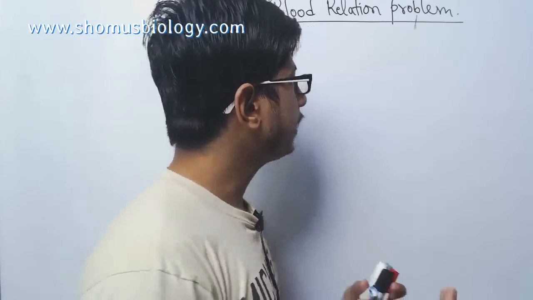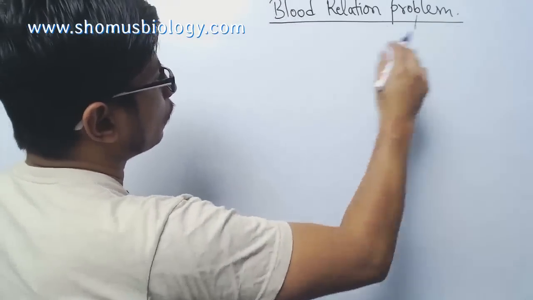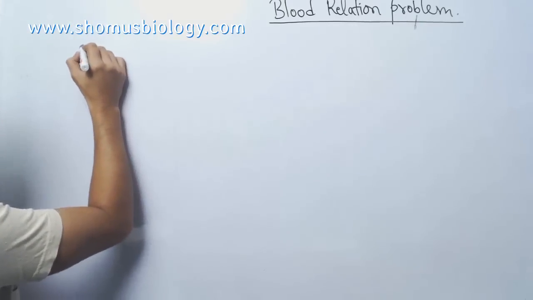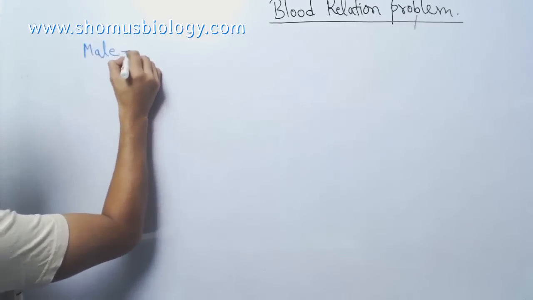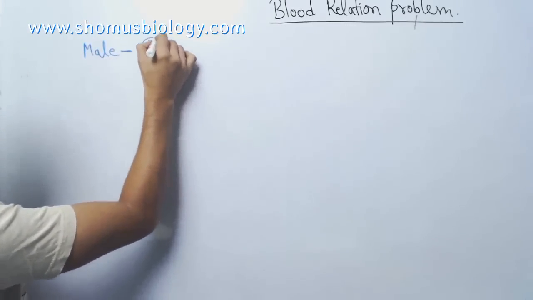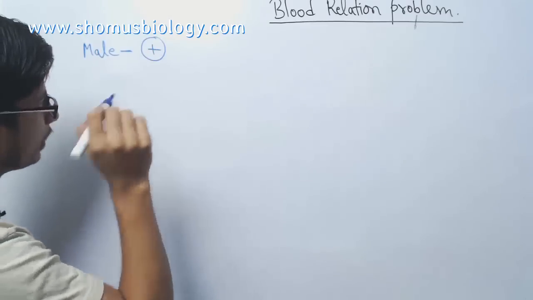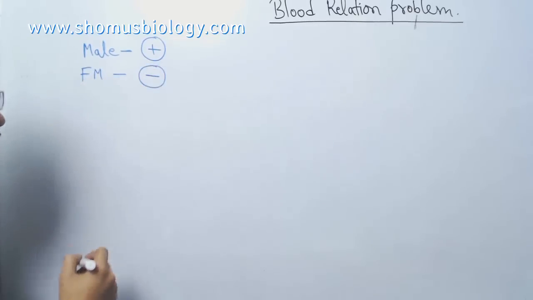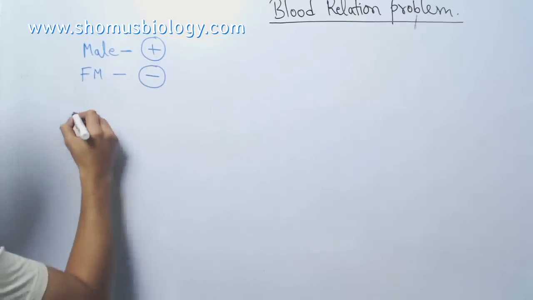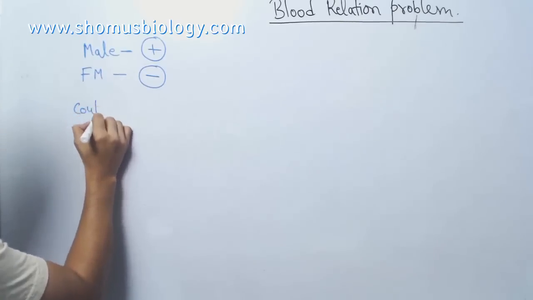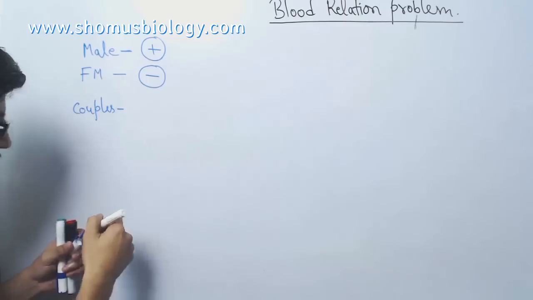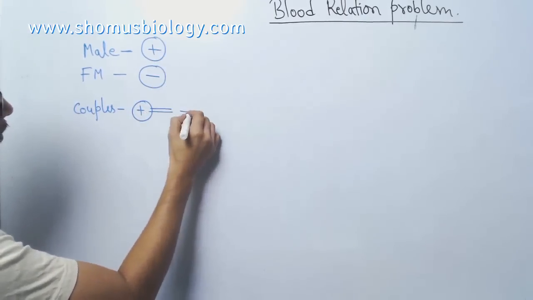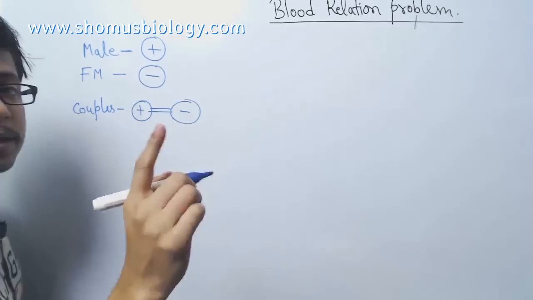So what do we mean? Let's look at it. For all these problems that we will solve, we'll draw male as a circle with a plus sign inside. For females, we'll draw a minus inside the circle. Then for couples related with marriage, we just make these two lines in between them.